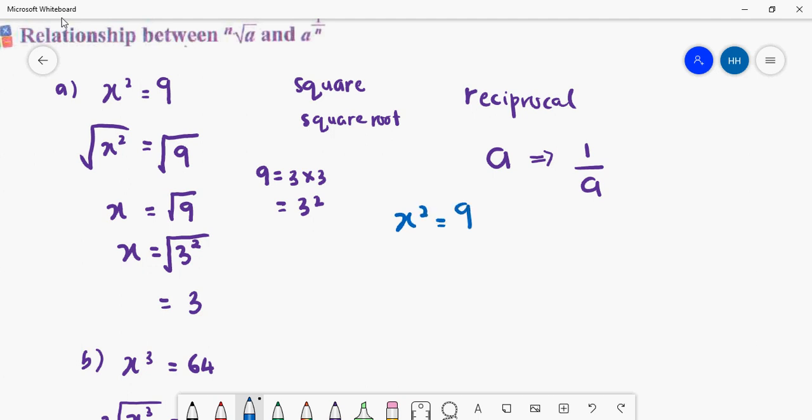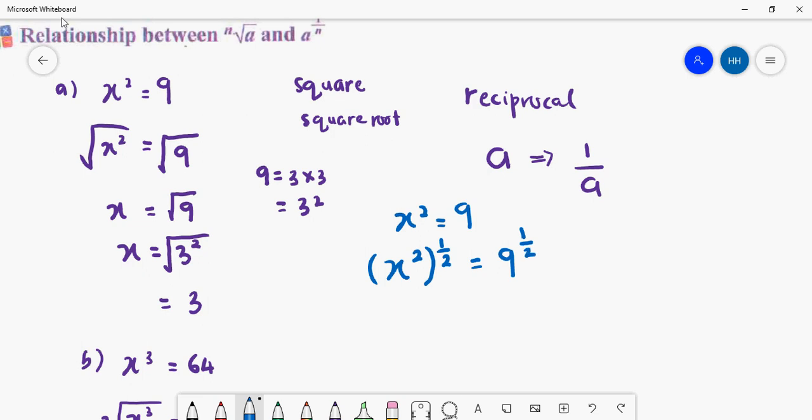You can find the value of x by raising the index to the power of its reciprocal. That means you have x power 2, so you must raise to the power of 1 over 2. Equals 9, and because you put 1 over 2 at the left side, you also must put 1 over 2 here, 9 to the power of 1 over 2.